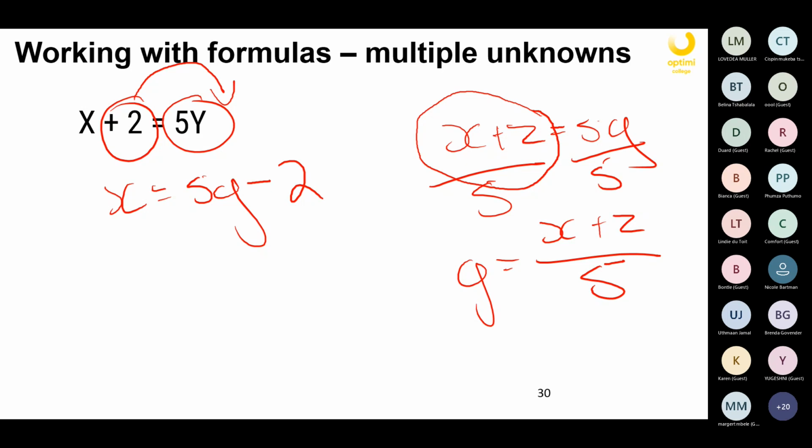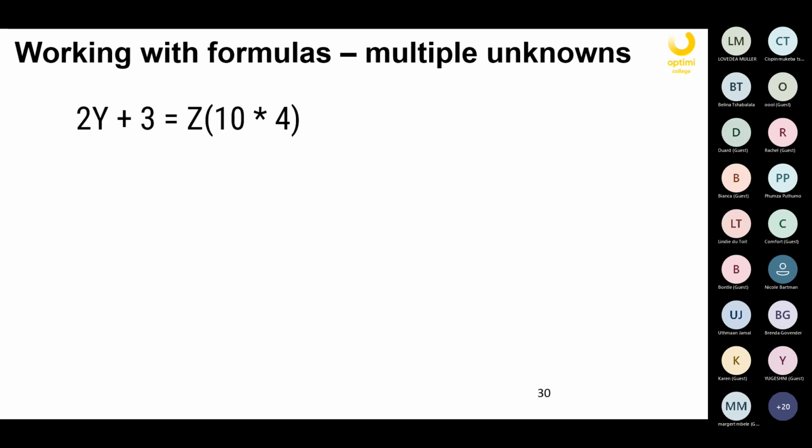So there you go. That's that one. Multiple unknowns. This one. Okay, let's see what we can do here. They will tell you, make x the subject of the formula, or make y the subject of the formula.